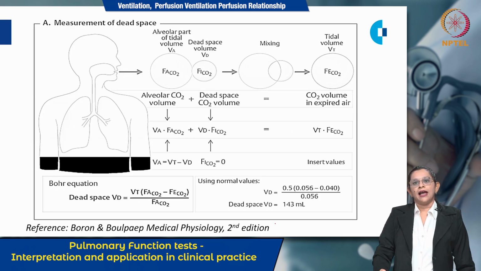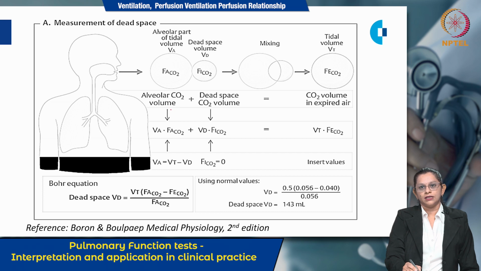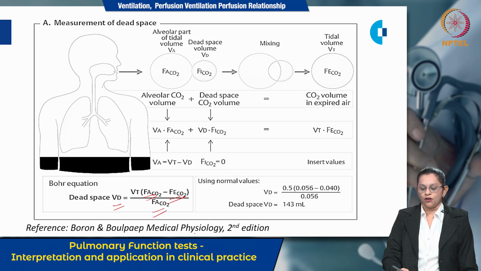Whatever alveolar air we are expiring out is mainly made up of carbon dioxide content. So the alveolar carbon dioxide volume plus the dead space carbon dioxide volume will be the total carbon dioxide in the expired air. Based on this, we derive a formula where the dead space will be tidal volume into the alveolar carbon dioxide concentration minus the expired carbon dioxide concentration, divided by the alveolar carbon dioxide concentration.